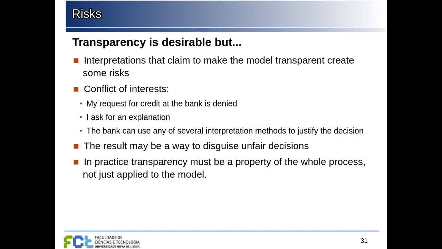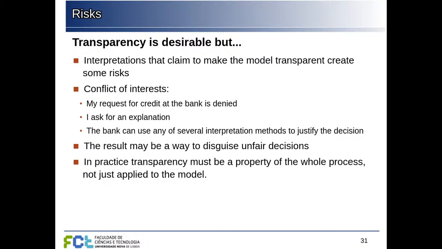So suppose I request credit to the bank to buy a house, the bank denies credit, and I ask for an explanation. Now the bank can use many different methods of interpretation on the models that it used to deny me credit, and just pick whatever interpretation they think will be best for justifying their decision. So the outcome may be actually a way to disguise unfair decisions and harm some people.